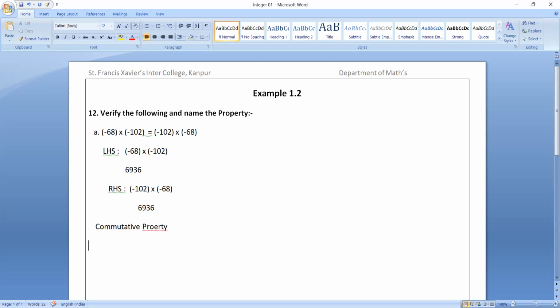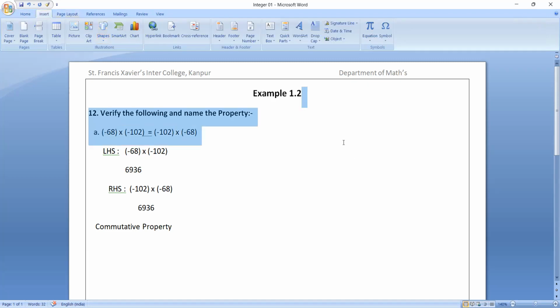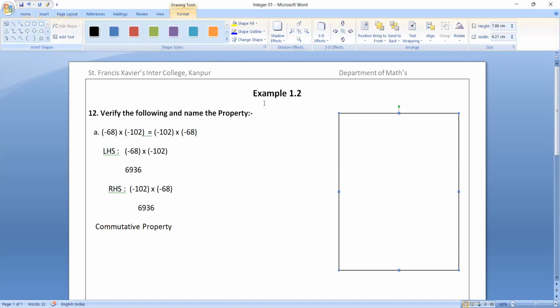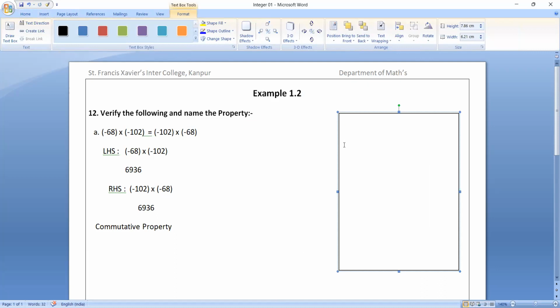Now my dear students, I'll just tell you one more very interesting way to multiply these two numbers if you are facing some issue. So I'll just make the rough column at the right hand side, and I tell you the trick I use to multiply these numbers very quickly. Suppose it is written 68 multiply with 102.